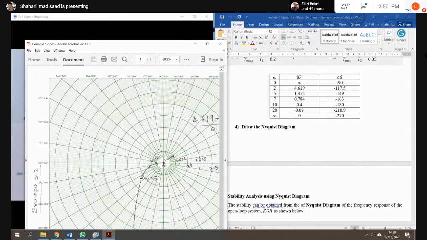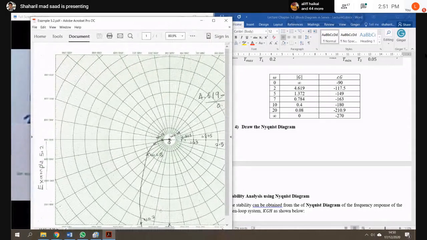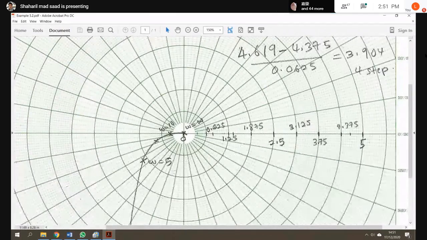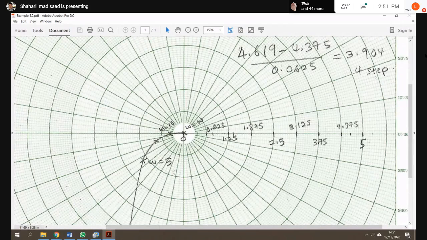Okay, all right. And then omega equal to 10 here, 0.4. Okay, not much. Then equal to 5, 1.327. Okay, equal to 2. The magnitude is 4.619. Okay, because the maximum is 5. So 4.6, that means 4.3 here. So you can calculate how many boxes or how many steps here.